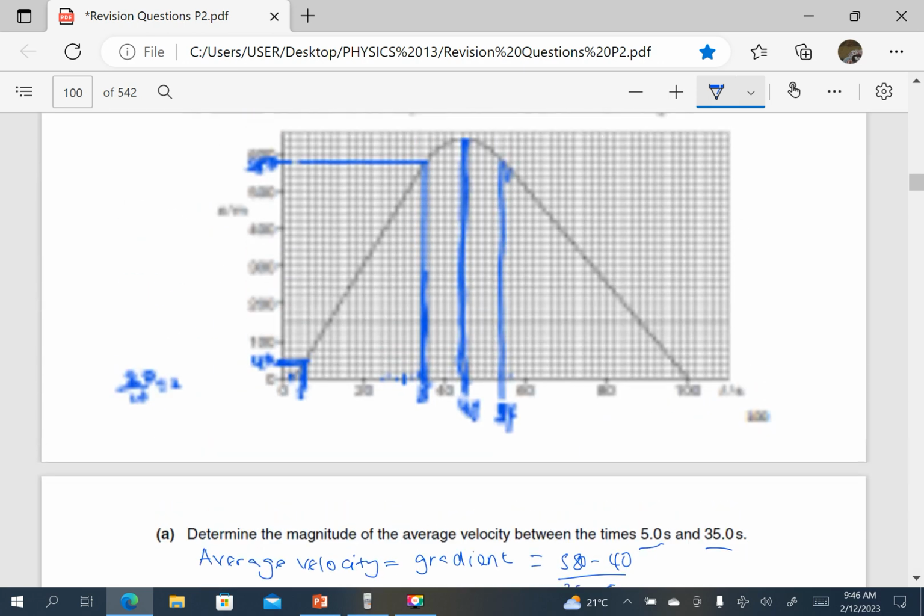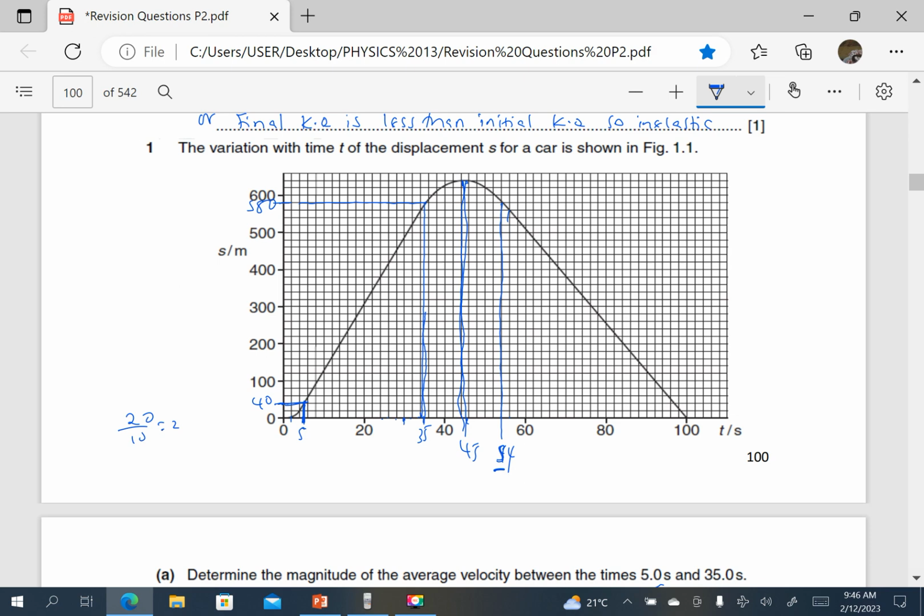However, you also notice that the gradient on the left-hand side is smaller than the gradient on the right-hand side. Let's check.